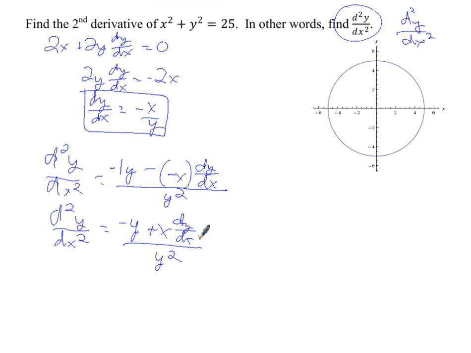If I want something to go away, I can try to factor it out of there, but that's not going to work. I can try to cancel it out of there, but that's not going to work. If I multiply everything by 0, that's not going to work. What do we do?